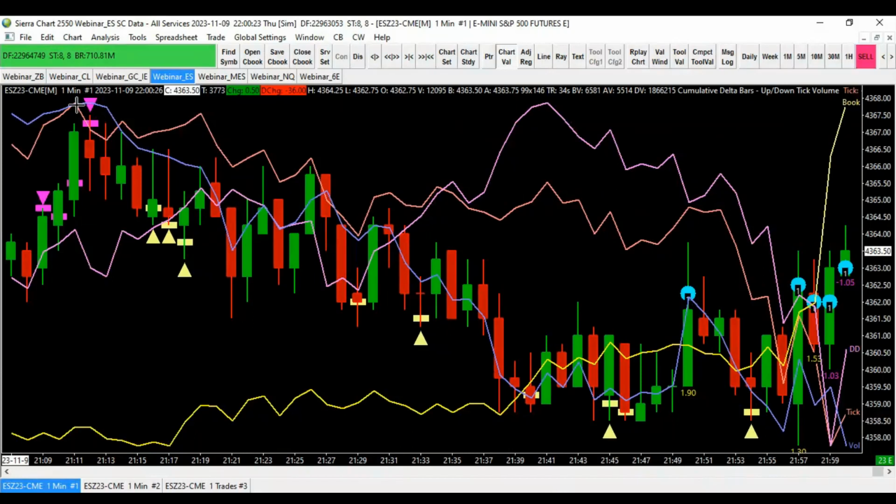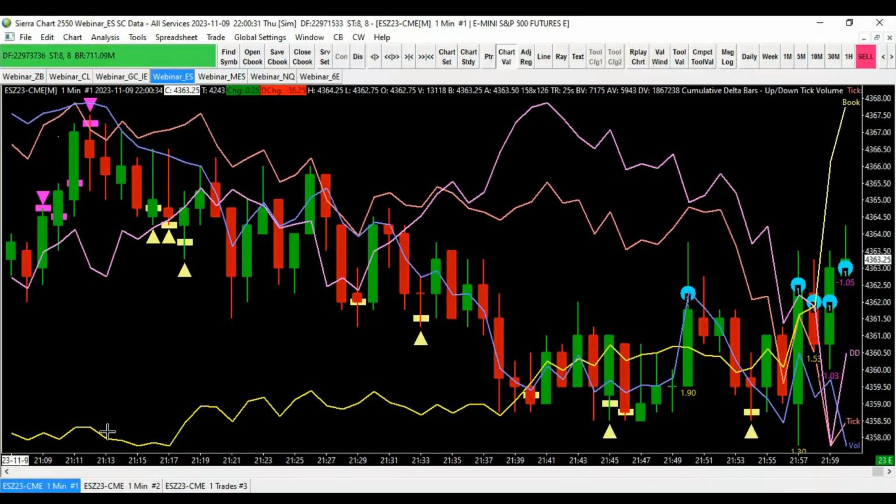And then you can see that the tick delta and the volume delta are both up there. The book is pretty flat at that stage, so it's not giving you any indication. At the top edge, you got another PREV signal, bearish. So that one's okay.